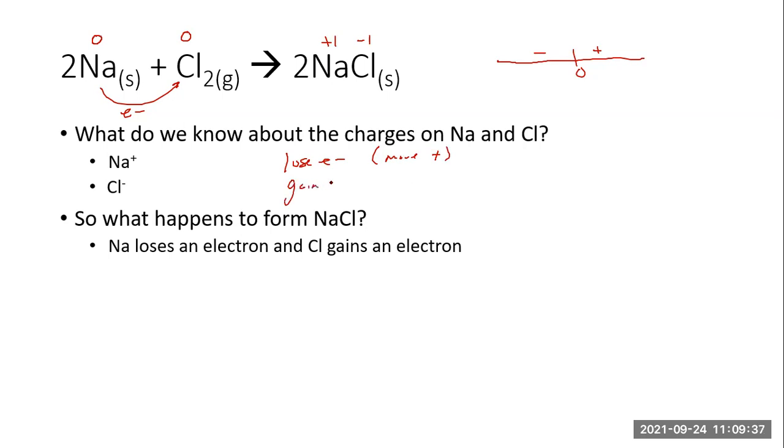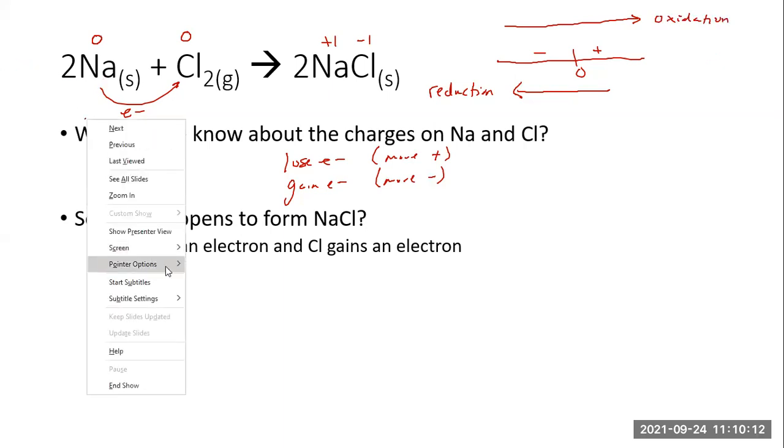When you gain electrons, you become more negative, because you have more electrons than protons. And what that means is if your oxidation state or charge is moving more negative, that thing is going through what is known as reduction. If you're moving along the number line in a more positive direction, that means that it is going through oxidation.